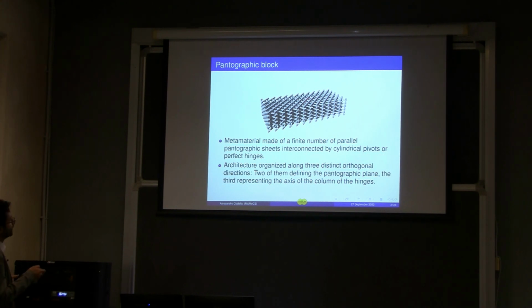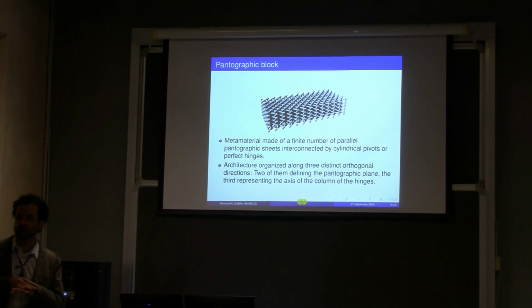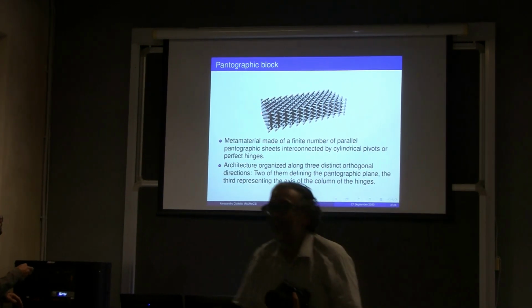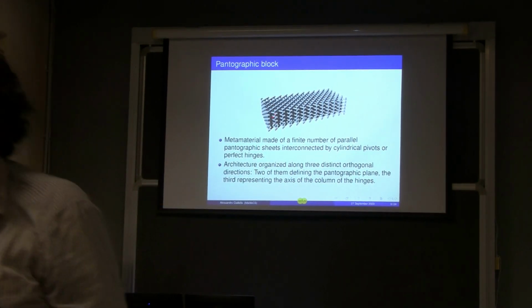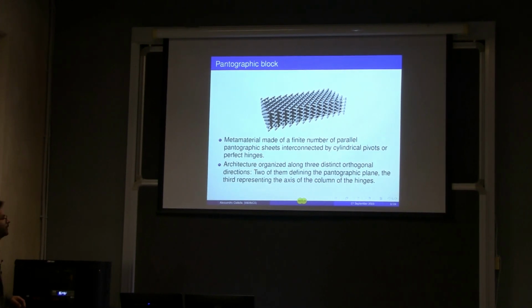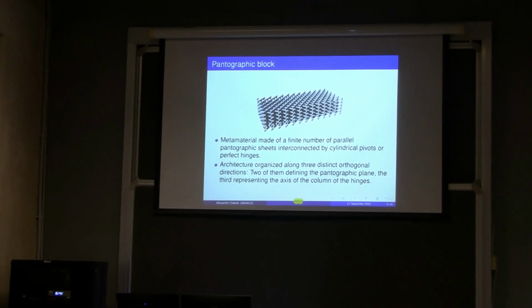And we have an architecture that is organized along three principal directions. Two of them are those of the direction of the beams that are defining the pantographic plane, and the third one, orthogonal to the pantographic plane, is the one parallel to the axis of the hinges.